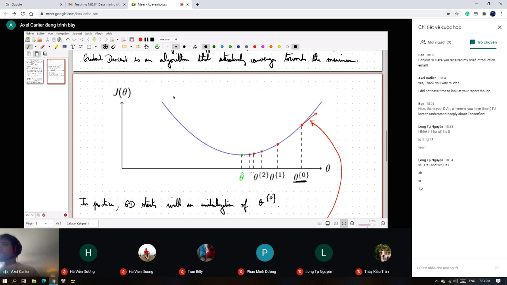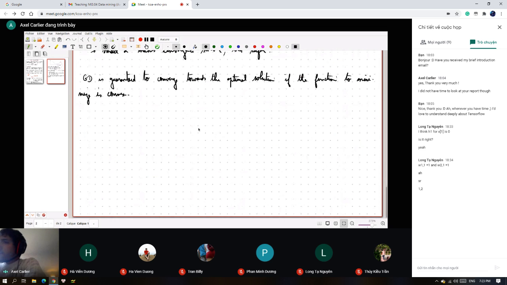Basically, this is convex. If it is not, you can only converge to local minima. What does it mean? Let me draw another function.